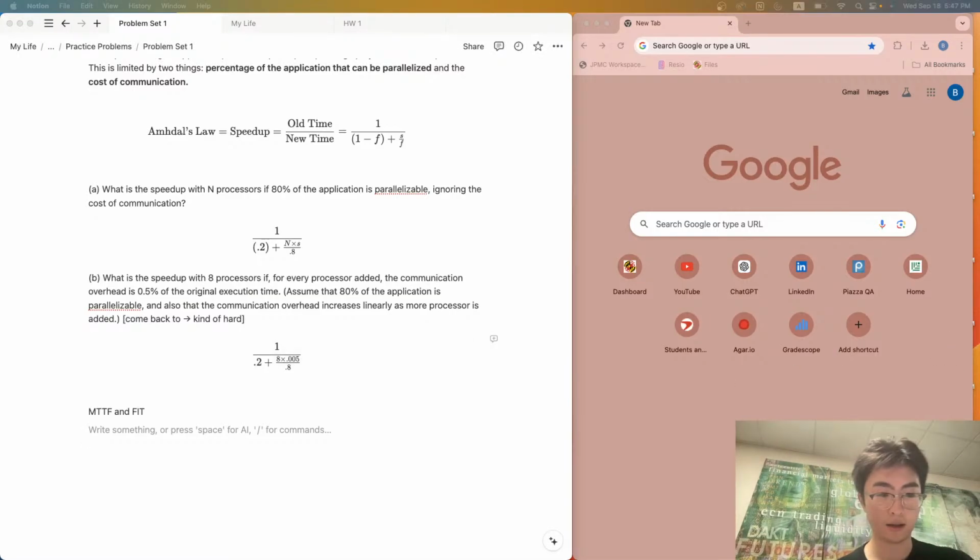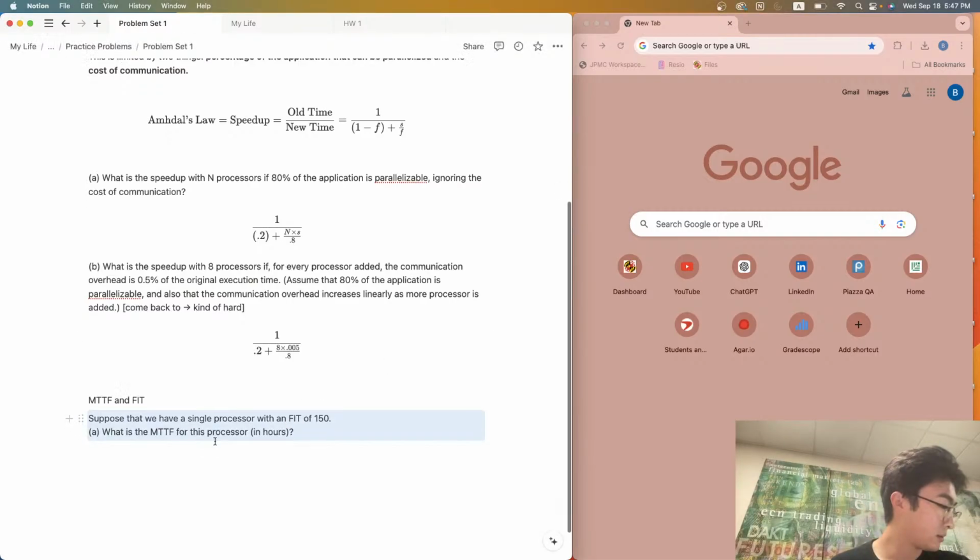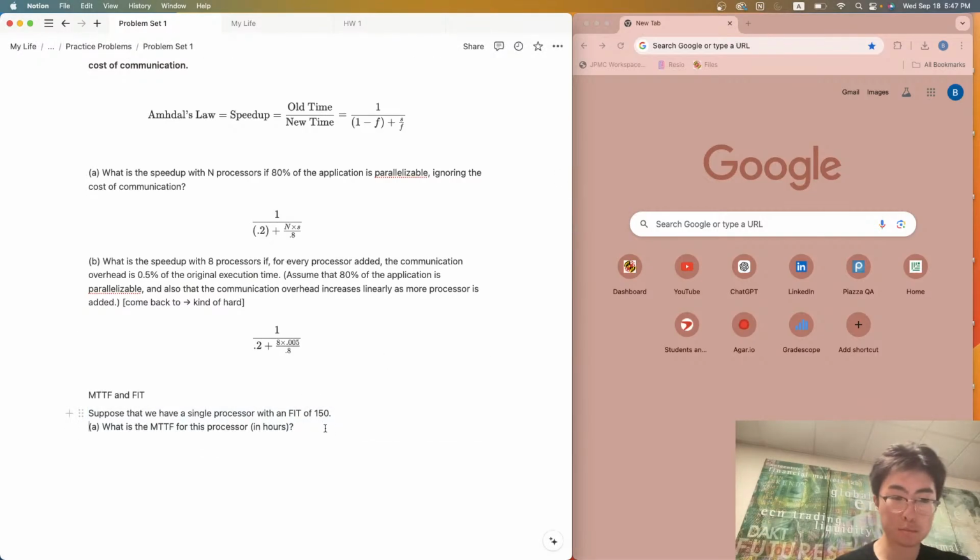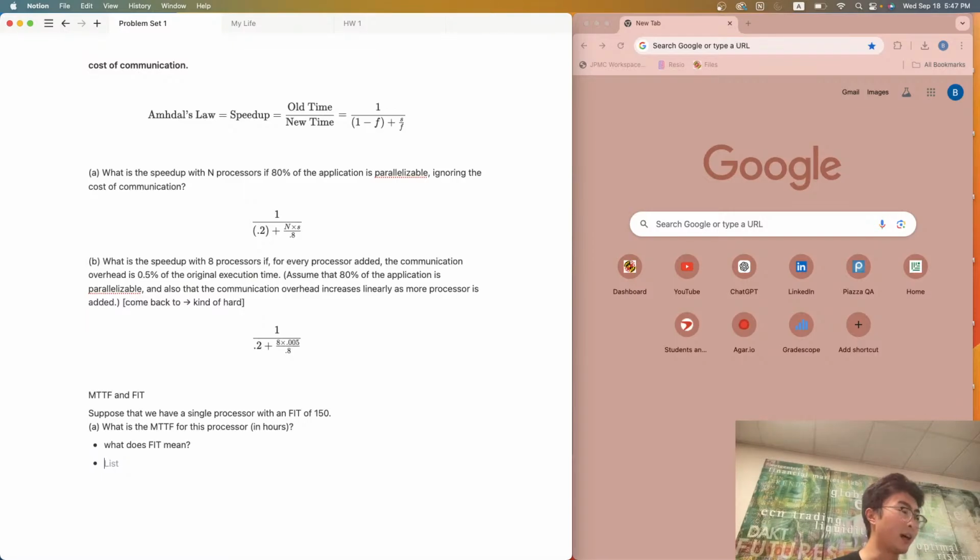I'm not gonna lie. Okay. So what does FIT mean? Failure in time, maybe? How does mean time to failure relate to failure in time?